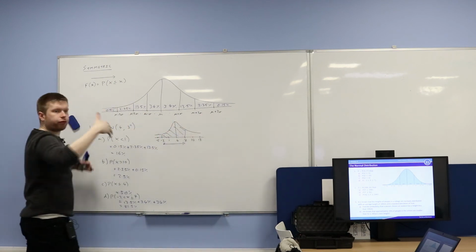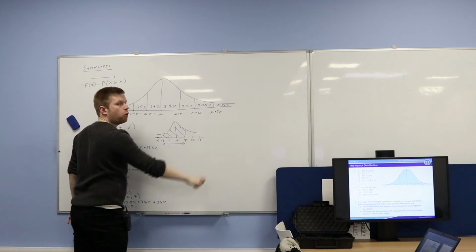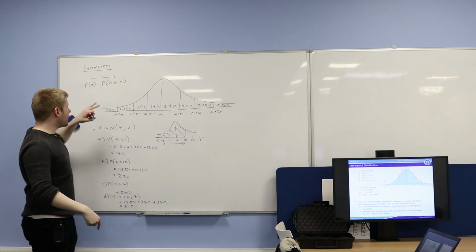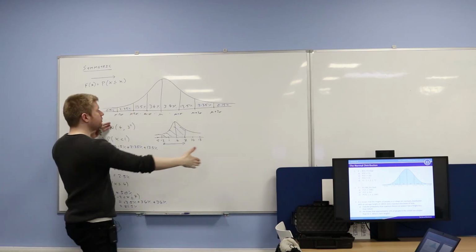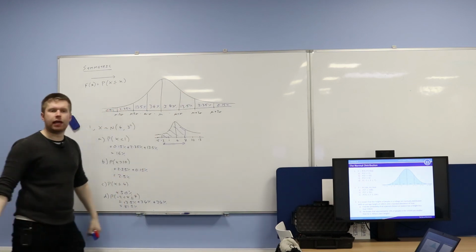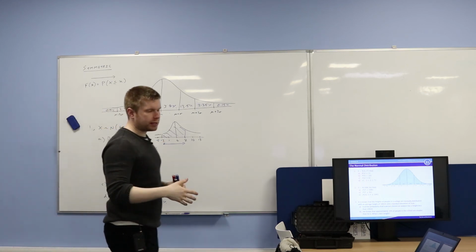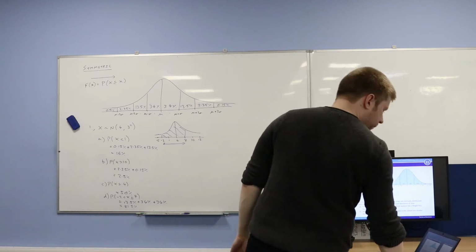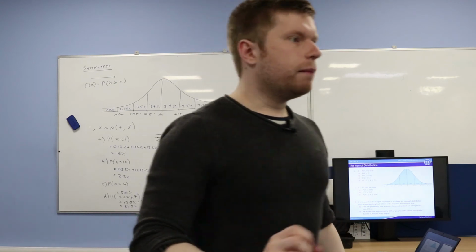Anything beyond 3 standard deviations above and below the mean, we say the probability of occurring is so small. And that makes sense. Remember when those balls were dropping, the chance of you ending up over here or over here is really, really small. The majority of data should lie within 3 standard deviations above and below the mean. Anything beyond that, we would consider as an outlier. But can I ask you to have a look at question 2 and question 3 between now and tomorrow?